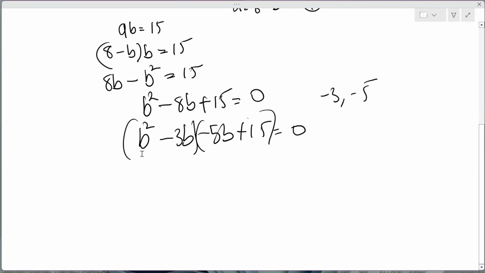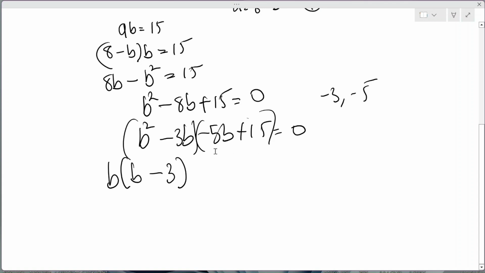We need to find what is common in B squared and minus 3B. In B squared and minus 3B, you have B in one of these two B's and a B in this minus 3B. So you take out B. The B will take one of the B's here, you'll be left with B minus, and from 3B the B will go off, leaving the 3 behind. You have minus 3, close bracket. Then in minus 5B plus 15, you have 5 common.